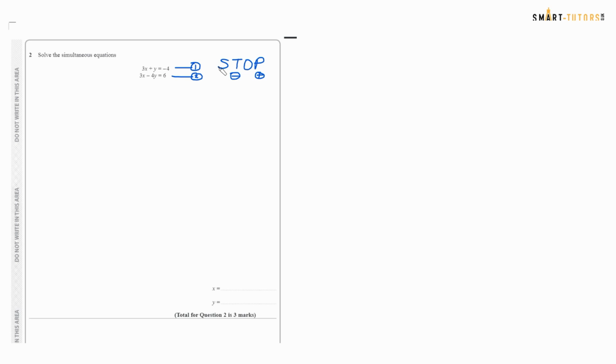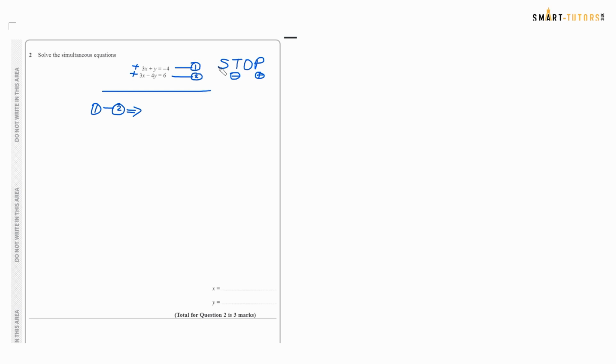Here the coefficient of x is the same, and they both have the positive sign, plus and plus. So same sign means, according to the STOP method, take away. So I am going to take away equation 1 from equation 2.